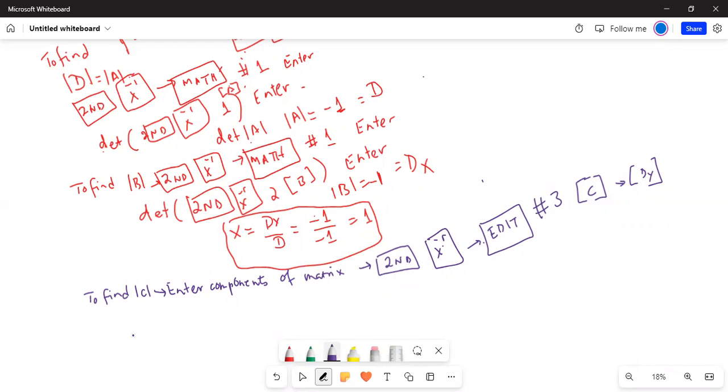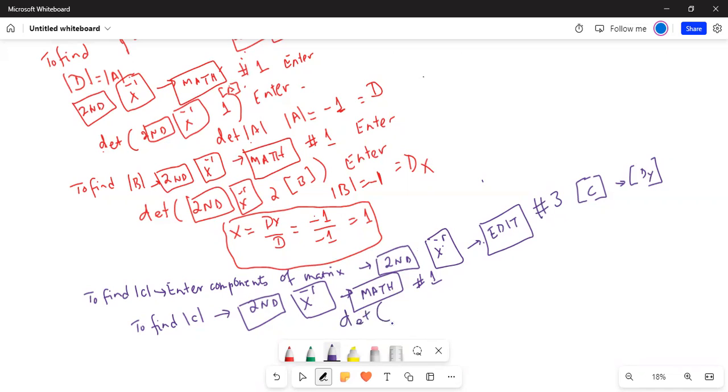Now we have to find the determinant of C. So what do I do? Second x inverse, then math, then number 1, and I have det on my screen.